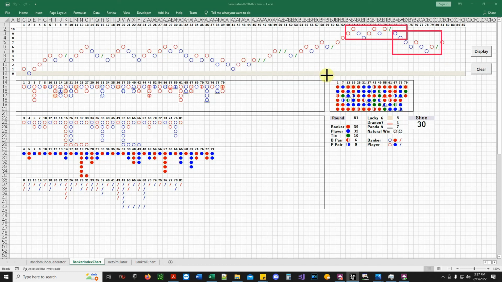And send me a losing shoe. Send me something where you lost and let's analyze that shoe, because that's where the learning comes. That's where you start to understand support, resistance, trending up, trending down, trending sideways. That's where the learning comes from, going over your charts.